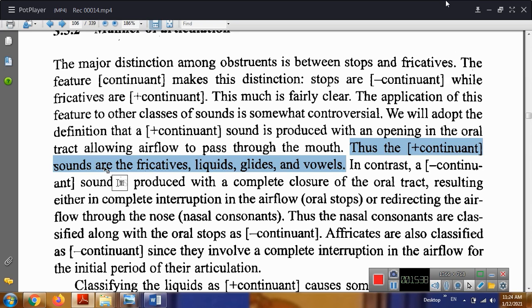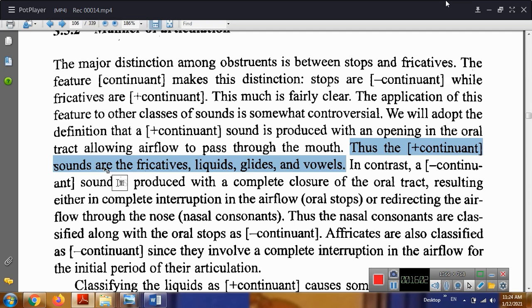In liquids, we have a structure between the tip of the tongue and the alveolar ridge, but the lateral part of our tongue is released, and the airflow can come out through that release. And it is true about the glide. The articulation of glide and vowel are the same.